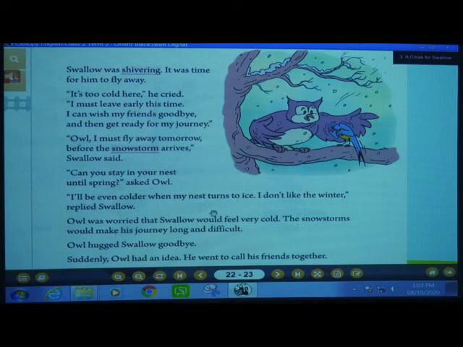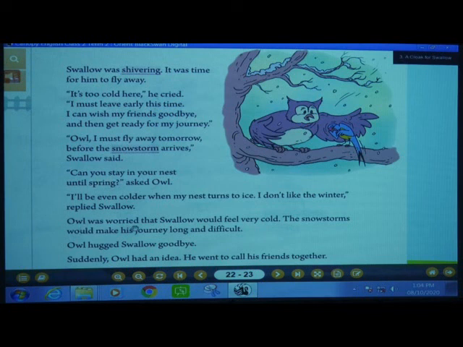I don't like the winter, replied swallow. So what swallow is replying here? He doesn't like the winter season because it's very cold and the swallow can't bear the coldness.